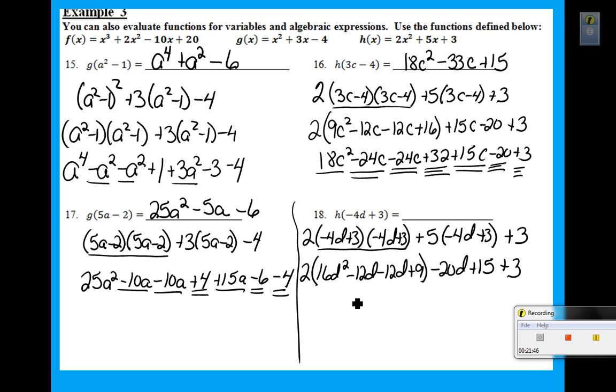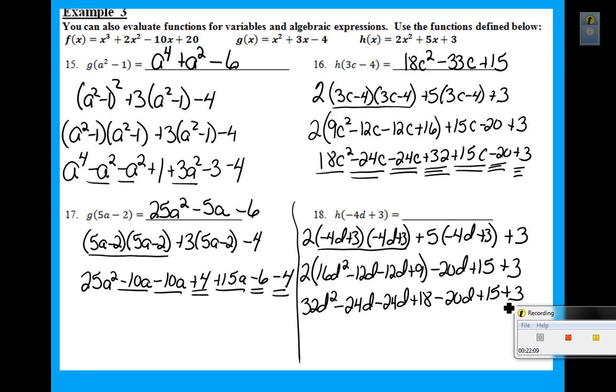Now let's distribute this 2. So I've got 32d squared minus 24d minus another 24d plus 18 minus 20d plus 15 plus 3.